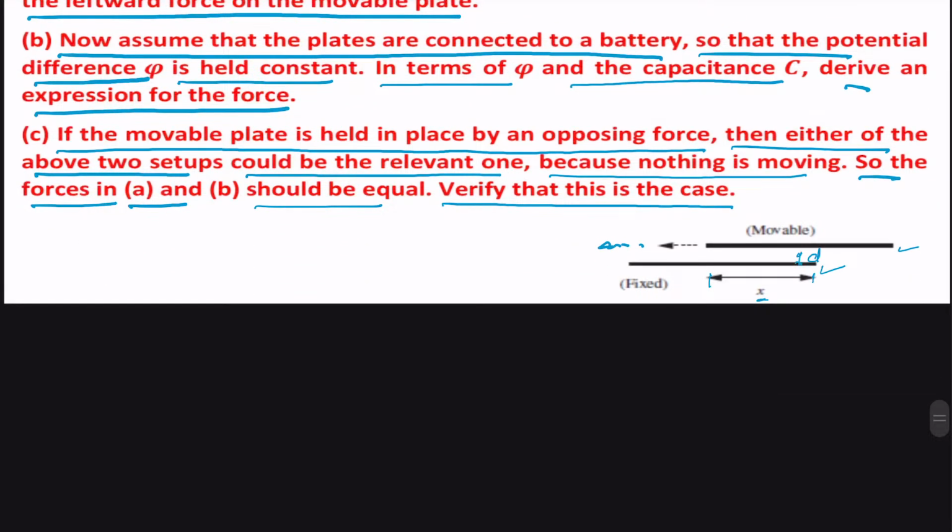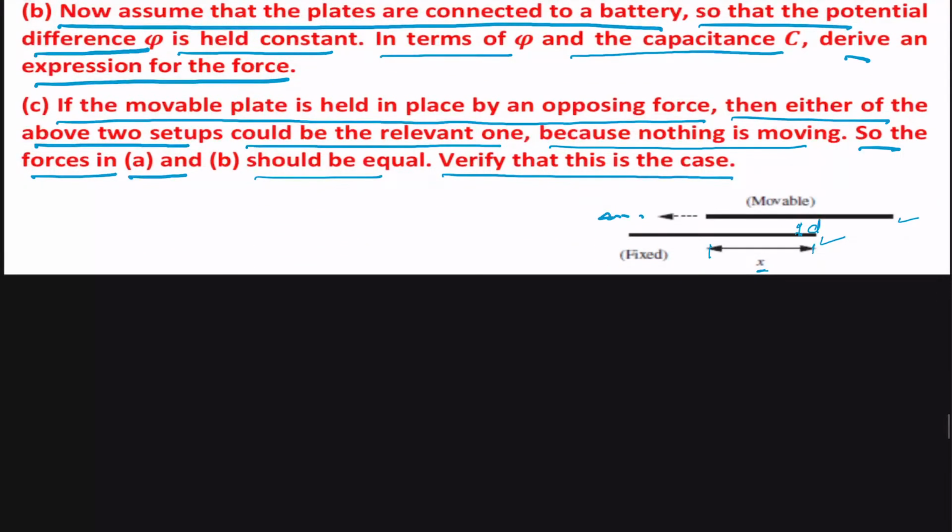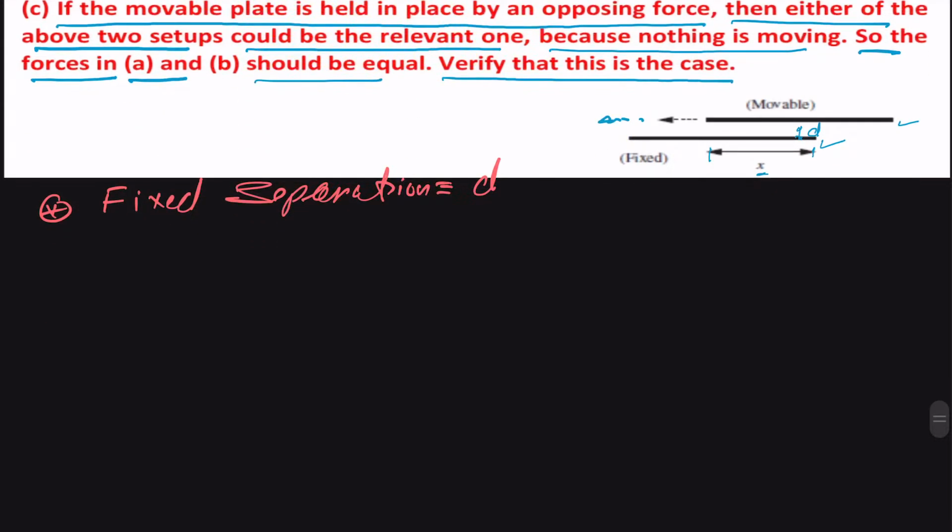So we can say that they are having fixed separation, and let us suppose that fixed separation is D. Therefore we can say that the plate width is suppose W. So from here we can find out the area of overlap.